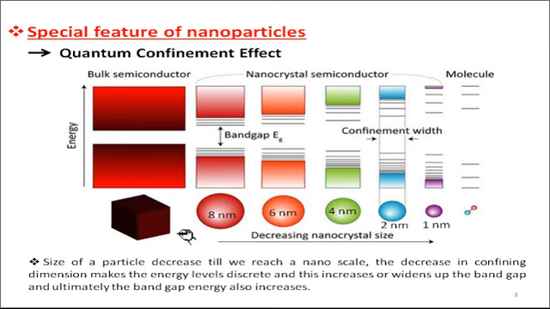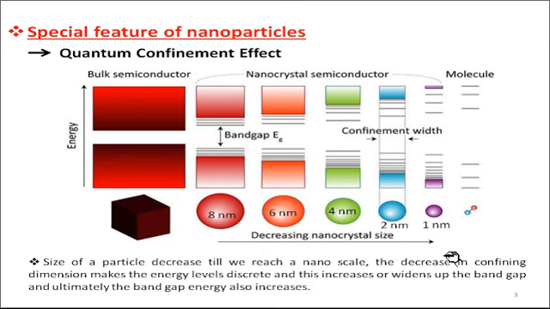Here in the bulk particle, the electron can randomly move anywhere within the associated band. But when we decrease the particle size to 8 nanometer, and finally to the molecular level, the motion of the electron will be restricted within this small diameter area only, right?